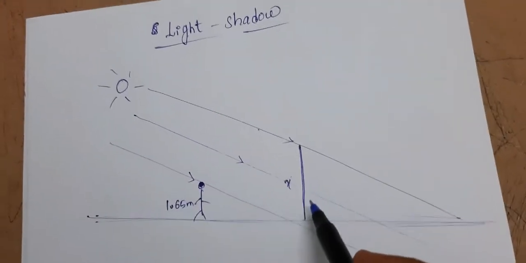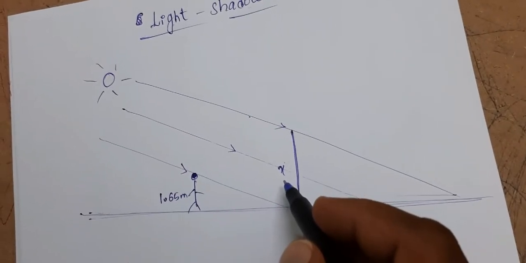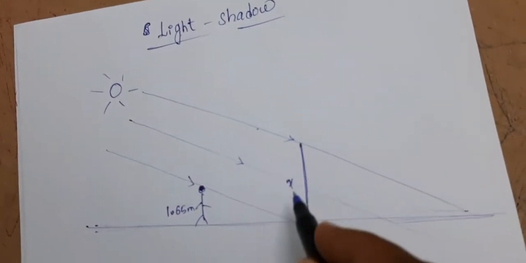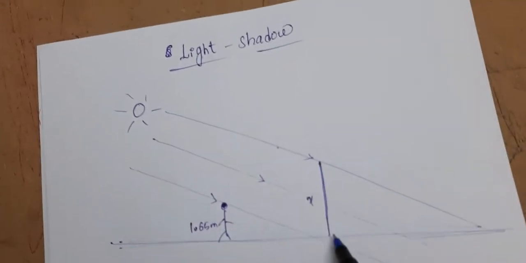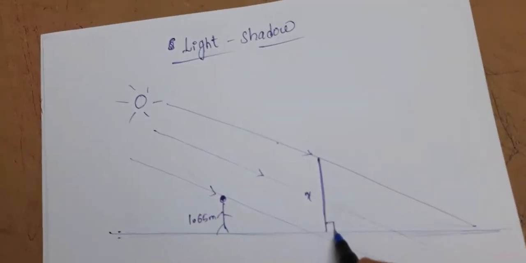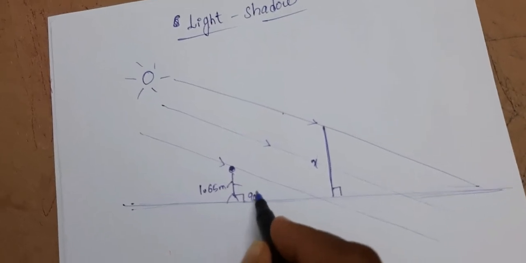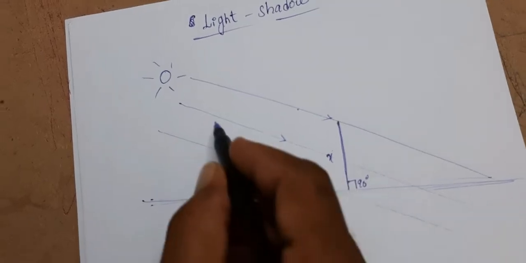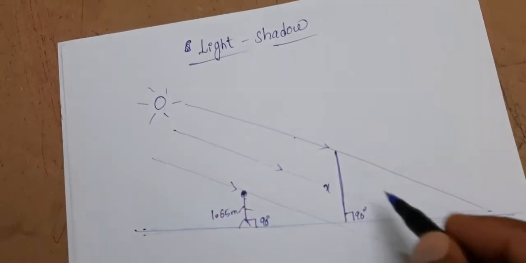Building, tree, tower, electrical pole, whatever it is, this is the altitude, right? Altitudes stand vertical to the ground. The person also stands vertical to the ground, so both are right angles. And the sun rays are parallel in the same area at the same time.